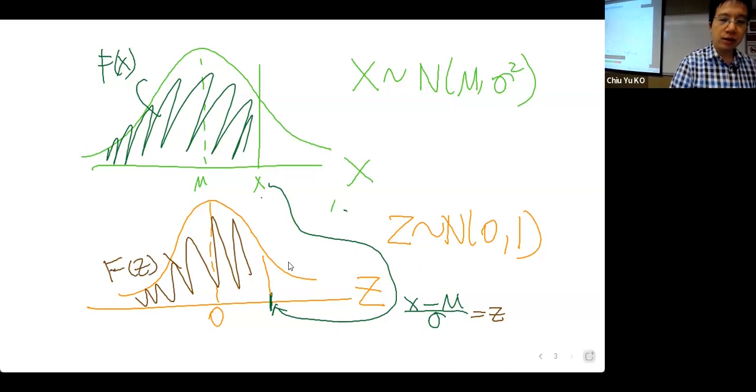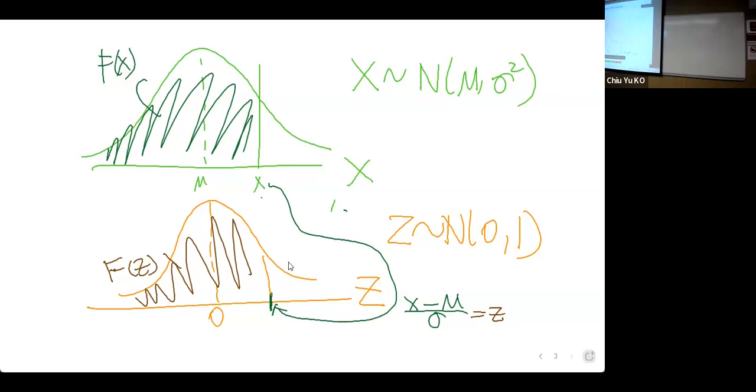These two areas are the same. That's the math behind it, and that's the reason why we look at the z table all the time. You can always transform from x to z by subtracting mu and dividing by sigma, then they're the same thing. So that is the main idea of why we look at the z table.